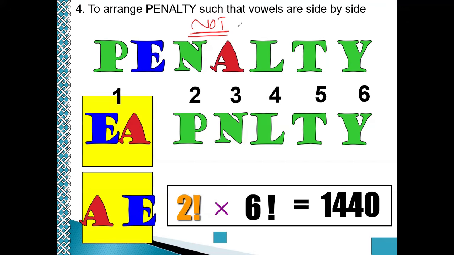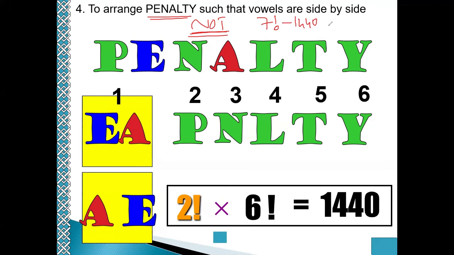So what do you do then? How many letters are there in PENALTY? 7 letters. In how many ways can I arrange PENALTY, all different? 7 factorial ways. In how many ways are they together? 1440 ways.